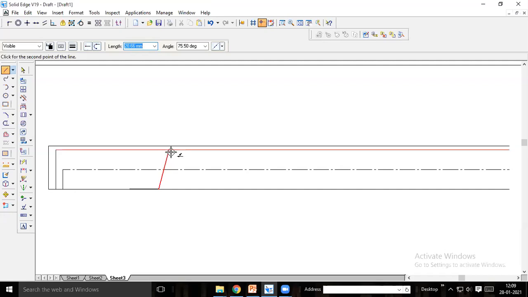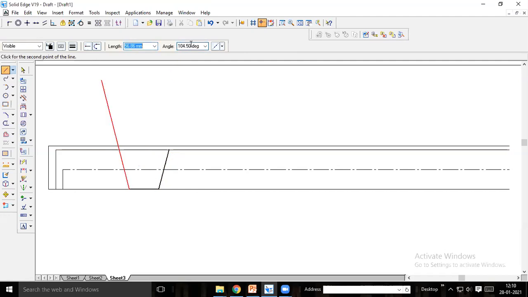Extend up to here. I will tell you why. This side you extend up to here, no problem. The angle is 90 plus 14.5.